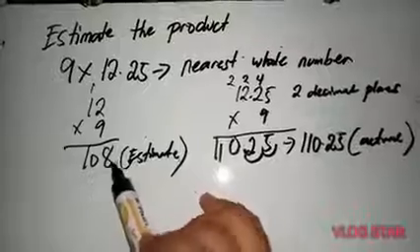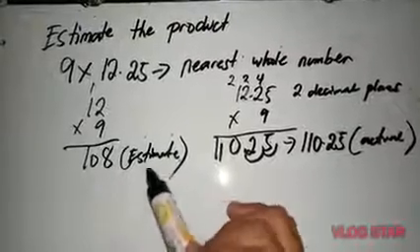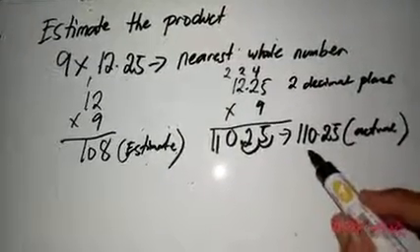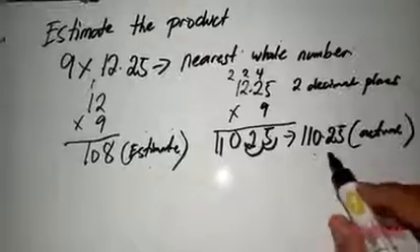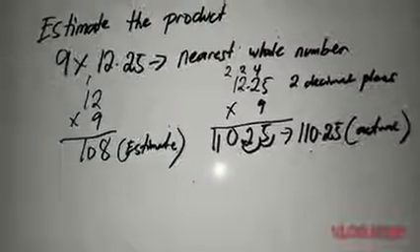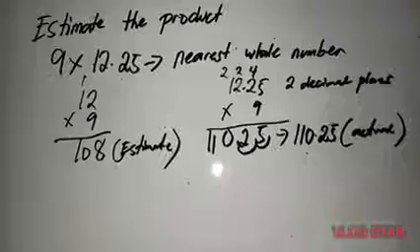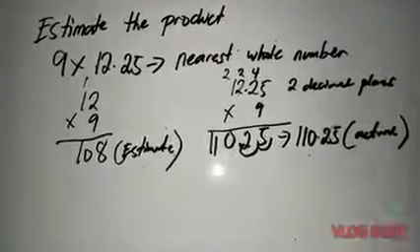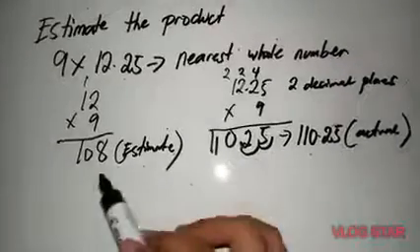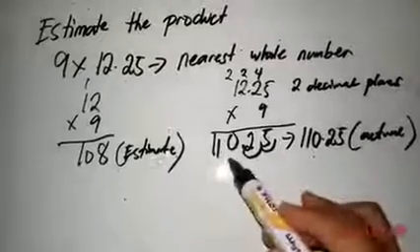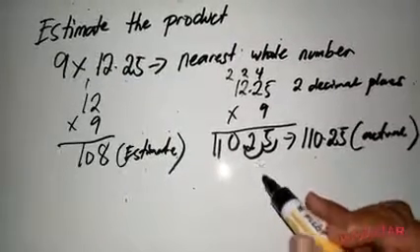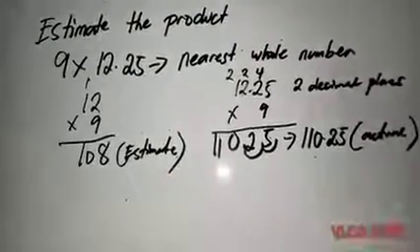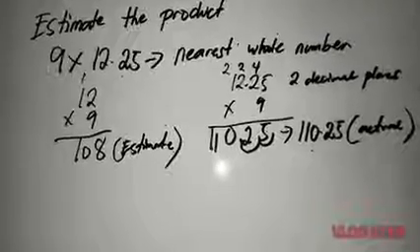So the estimate product is 108 while the actual product is 110.25. So you can notice that 108 is close to 110.25. However, not all estimates are the same.